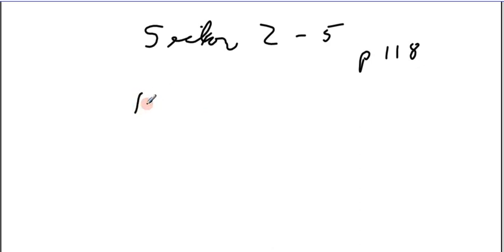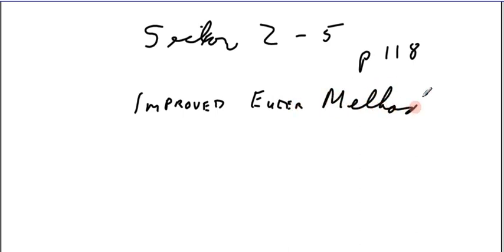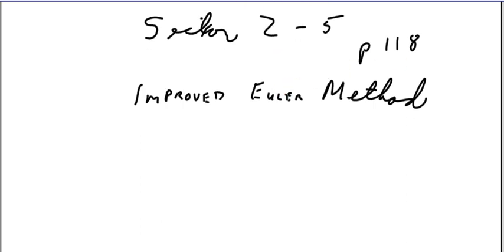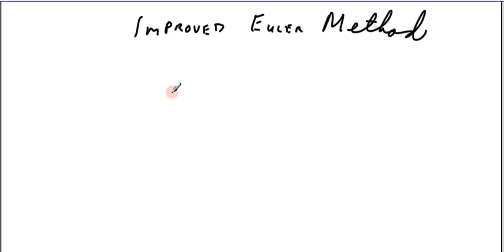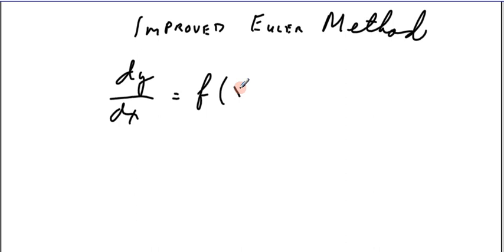We're going to use the improved Euler method. Okay, so that is our plan. And in that plan, we have a differential equation, dy/dx is equal to some function in x and y.